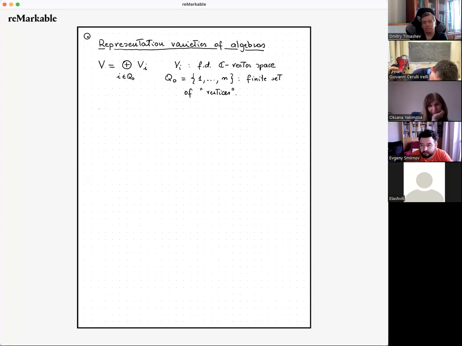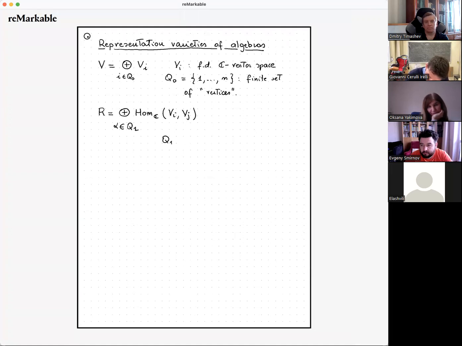And the variety is very simple. It's just a vector space, an affine space, the direct sum of homomorphism spaces between these fixed vector spaces. Here the grading needs two indices, i and j, and we encode this into a finite set.